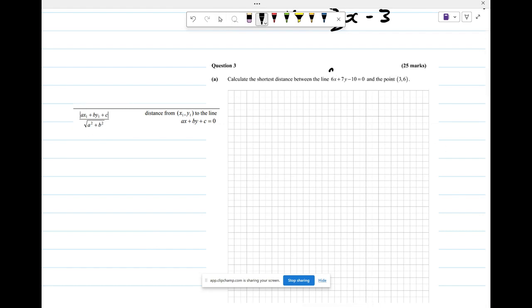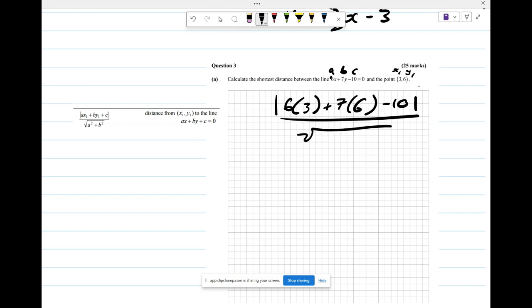So here A is going to be 6, B is going to be 7, and C is going to be minus 10, and x1 is going to be 3, and y1 is going to be 6. So our equation is A, which is 6 times x1, which is 3. Then we're going to do B, which is 7 times y1, which is 6. And then we're going to plus C, which is minus 10. And all that's going to be over A squared, which is 6 squared, plus B squared, which is 7 squared.